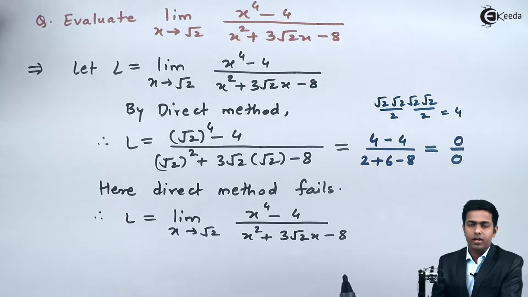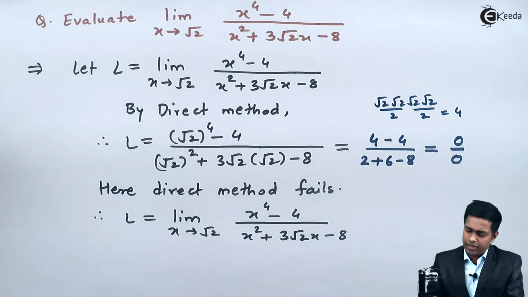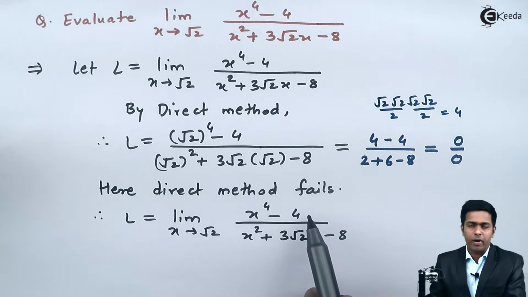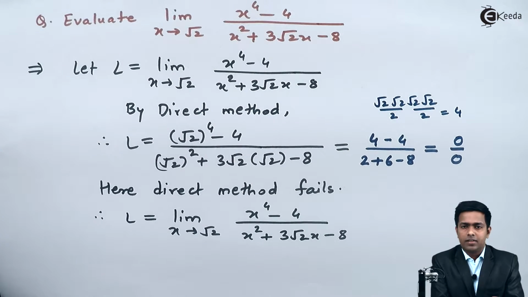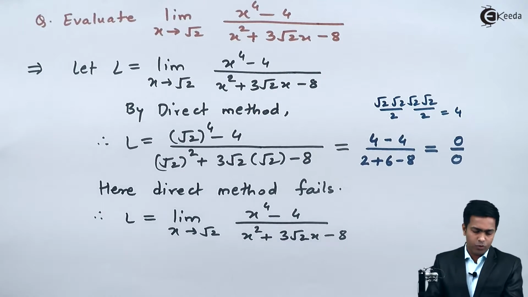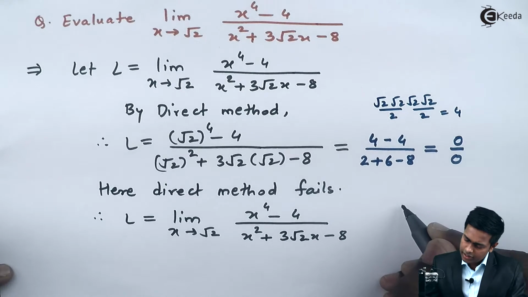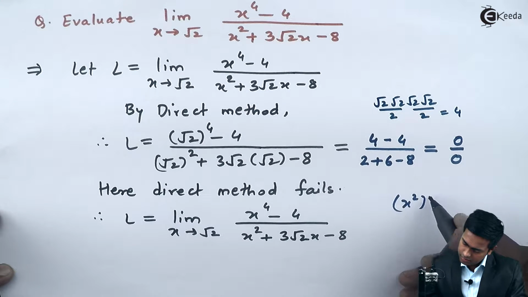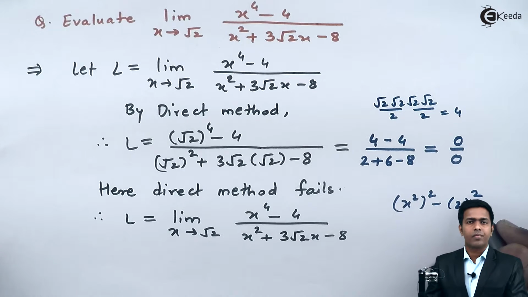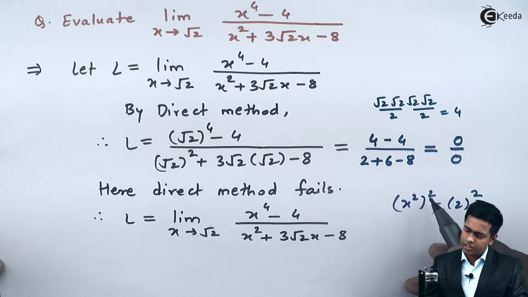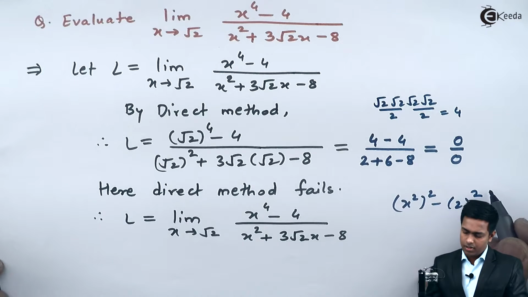Now in the numerator we have x raised to 4 minus 4, for which we can find out the factors by considering this x raised to 4 as x square the whole square and by considering this 4 as 2 the whole square. So we can apply the formula a square minus b square.